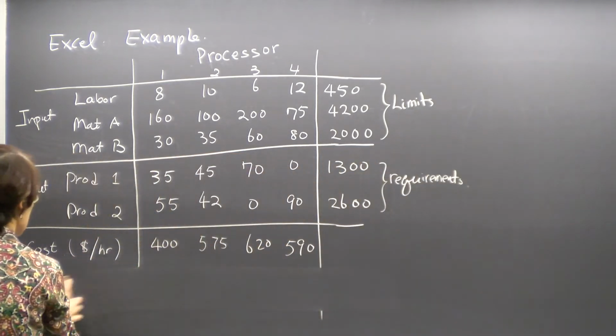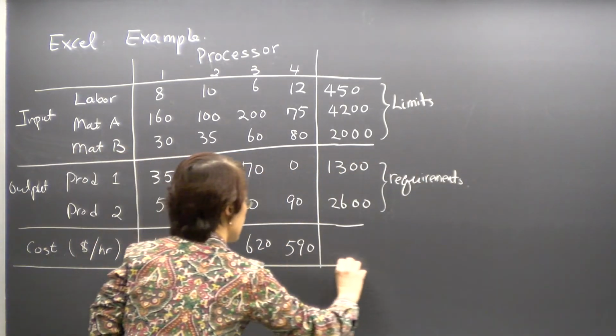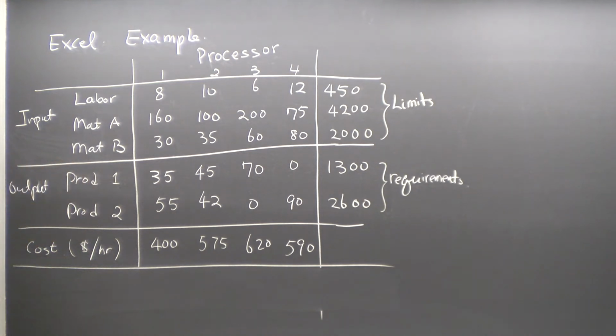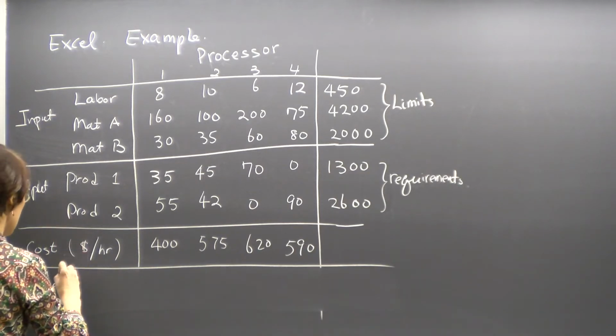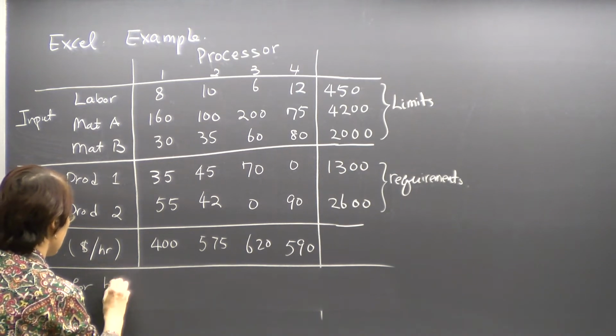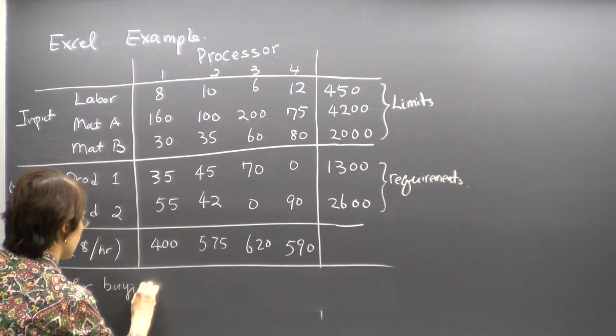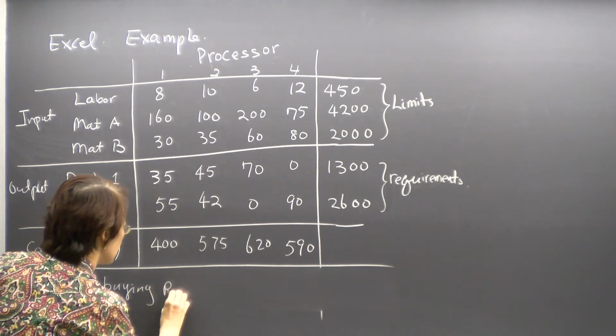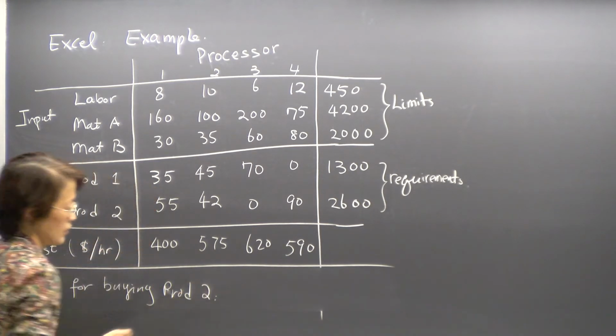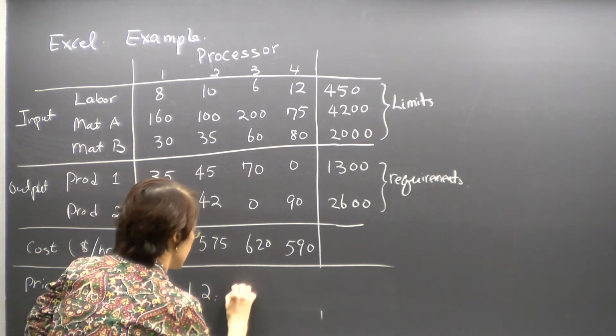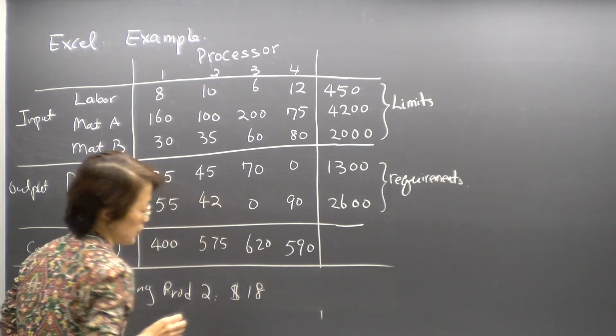Now there is one additional thing added to this model. My table ends here. There is an option for me to buy product 2 already made by some vendor. The price for buying product 2 already made is $18 per unit.